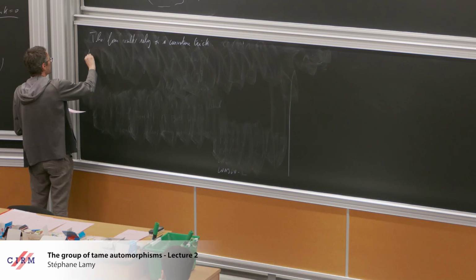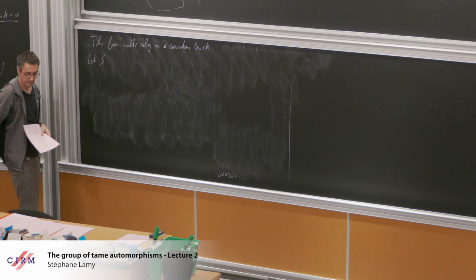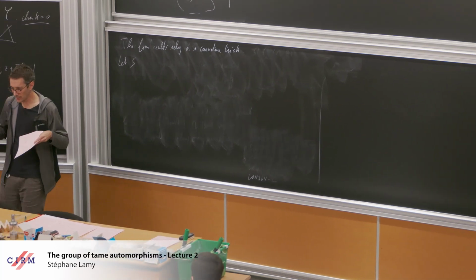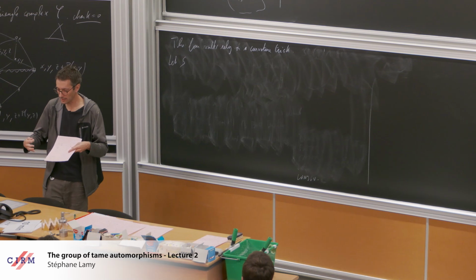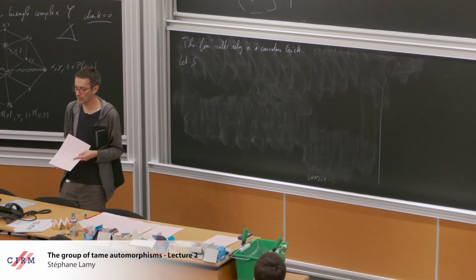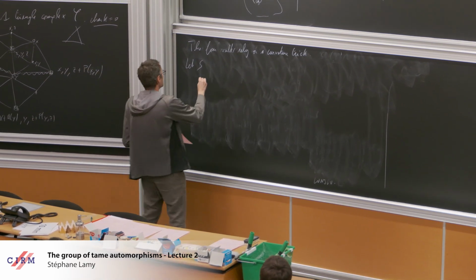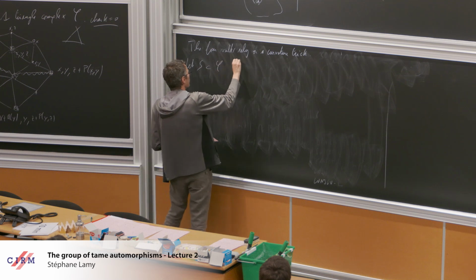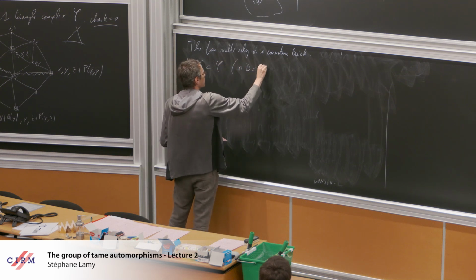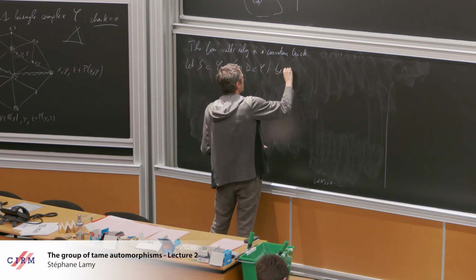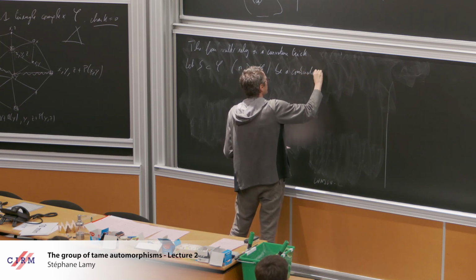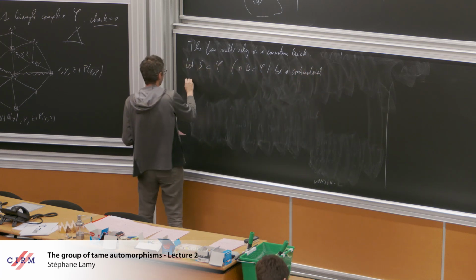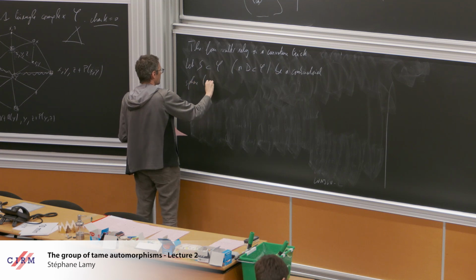So let me take a sphere or disk, a combinatorial subcomplex in my complex which is homeomorphic to a sphere or disk. So let S or D inside the complex be a combinatorial sphere or disk.